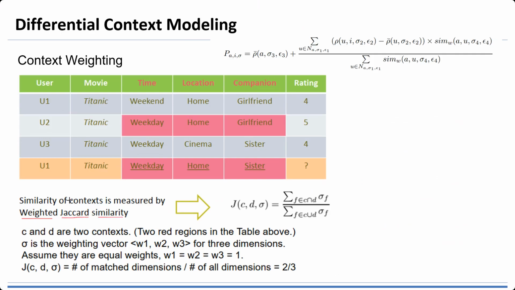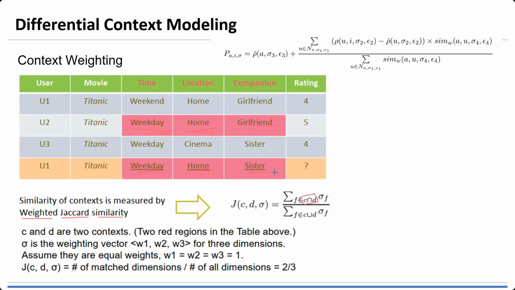In the weighted Jaccard similarity, we want to look at the similarity of the intersection data. In this case, I have weekday and home, which is the intersection. And the unique data, we have weekday, home, girlfriend, and weekday, home, sister.